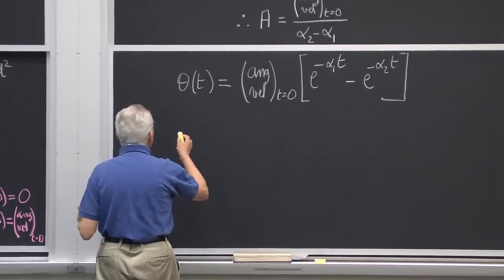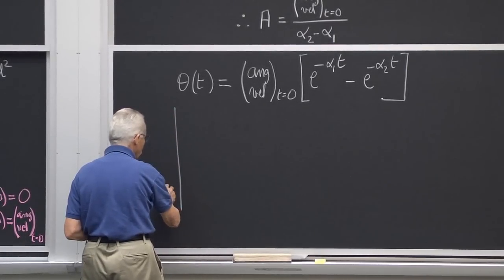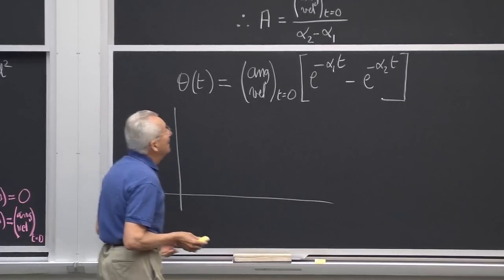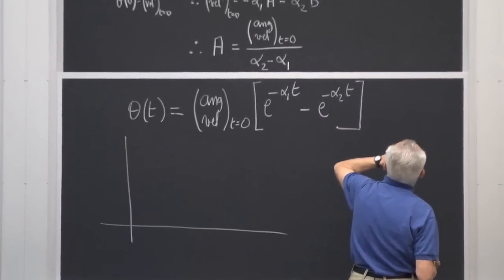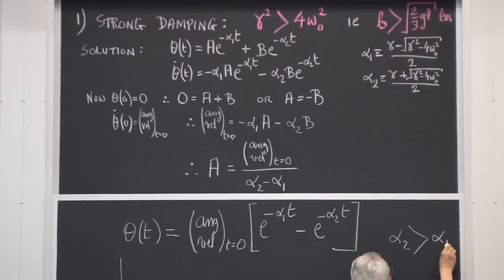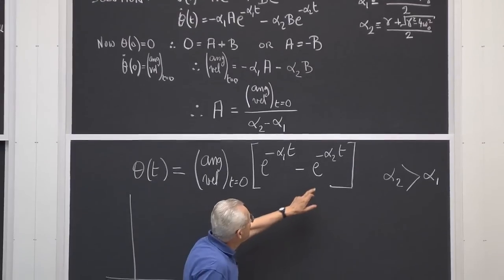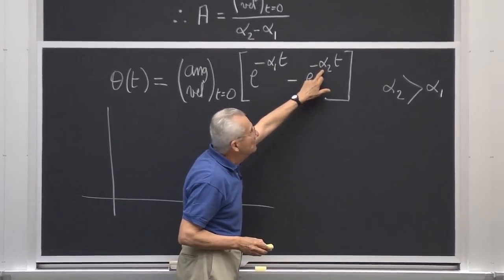If I just plot this qualitatively, and compare alpha 2 to alpha 1, you find that alpha 2 is greater than alpha 1. So this exponential has a bigger exponent.